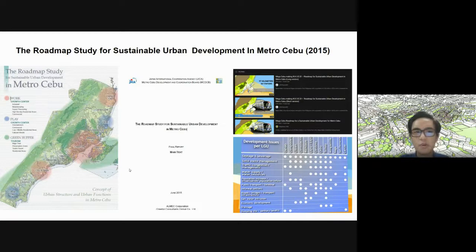And then I just want to highlight for those who live in Cebu City and Cebu Province that there is a plan to combine all the strengths of the different municipalities or the largest municipalities and cities in Cebu province, and that is the roadmap study for Metro Cebu. So again, we mentioned this last week. It's a cooperation of the biggest municipalities and cities in Cebu province to help solve our different problems.